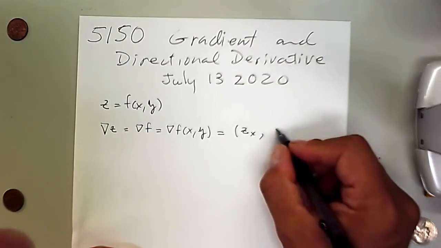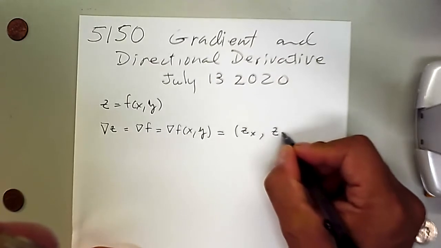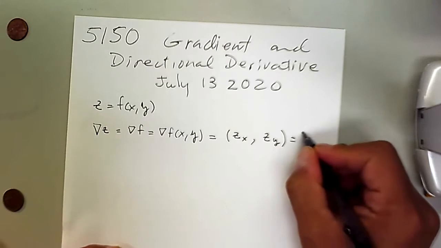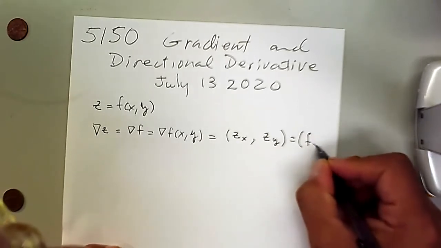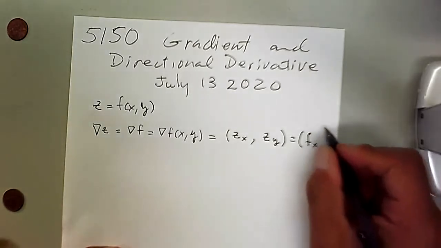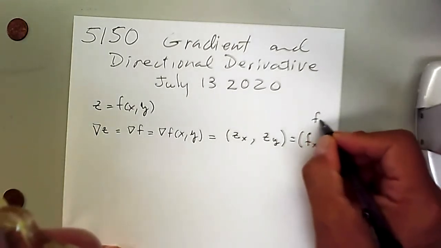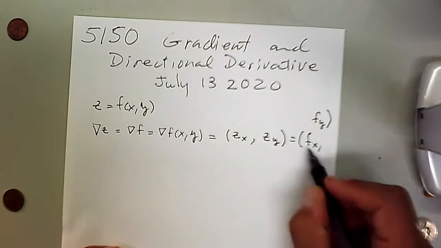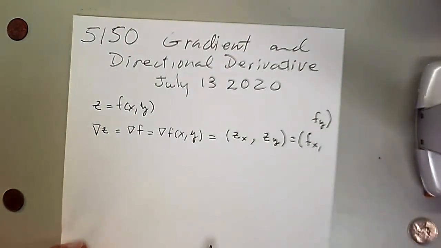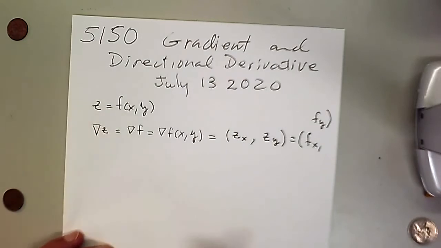And the second component is the derivative with respect to the second variable. So there's a couple ways to write this down, f sub x. And then I'm running out of space up there, so I'm going to put it up here, f sub y, and then close the parenthesis. So this is the vector. Sorry to move that up there. So that's it. That's the gradient.